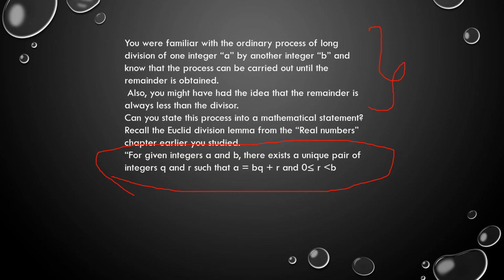That comes under Euclid's division lemma. Euclid has given this statement by thinking through all this process. So for given integers a and b, there exists a unique pair of integers q and r such that a equals bq plus r, where 0 less than or equal to r less than b.